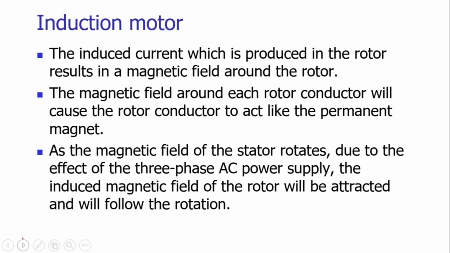The induced current which is produced in the rotor is resulting in a magnetic field around the rotor. The stator windings are generating a magnetic field. That magnetic field is inducing electric current in the rotor, and due to the electric current, the rotor will have its own magnetic field.